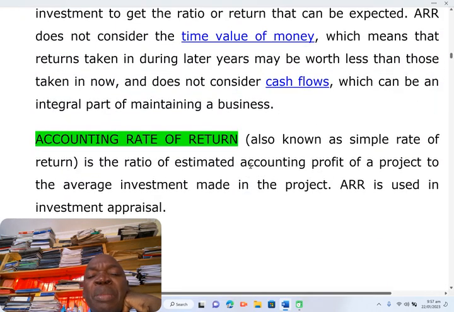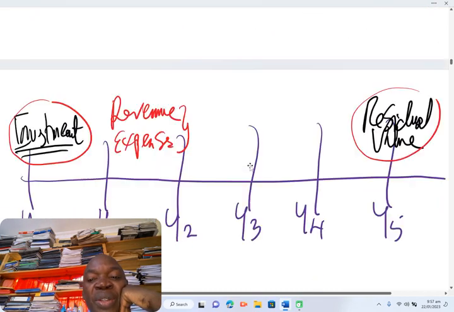Depending on the information being provided, there are several approaches which you can use.